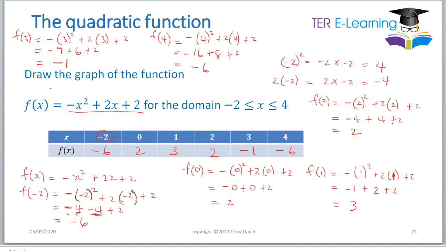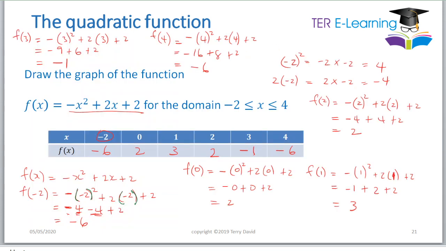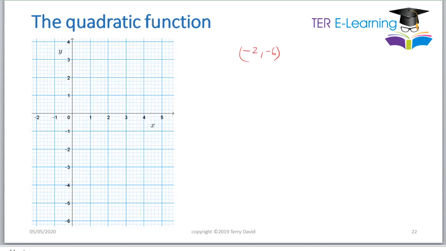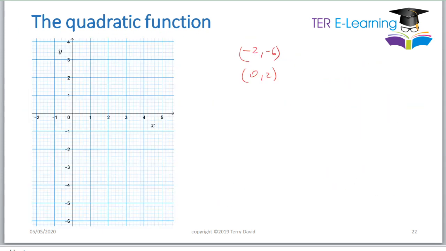All right. So after you do all of this now, your next step is to plot the graph. Right? So the first thing, you need to know the coordinates that we're going to plot. So the first one is -2, -6. The next one is 0, 2. Alright. The next one is 1, 3.